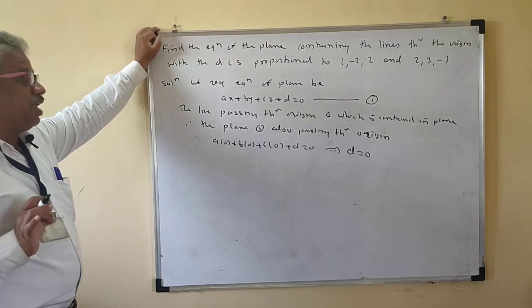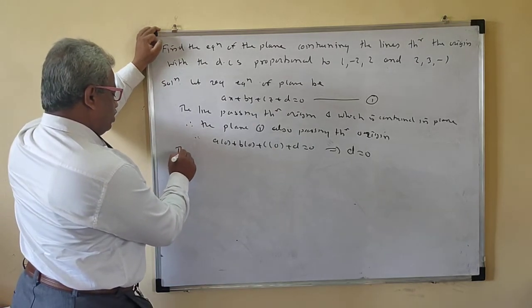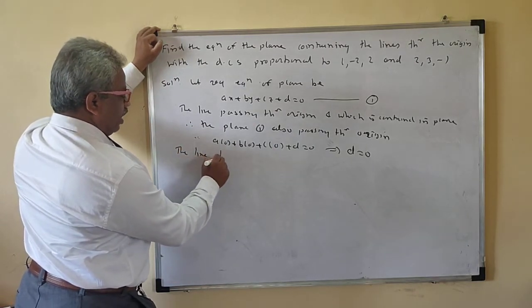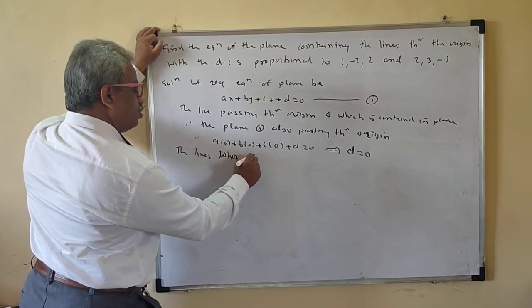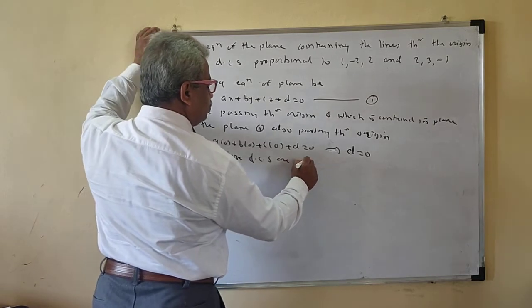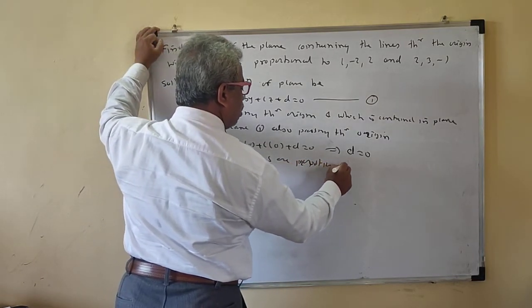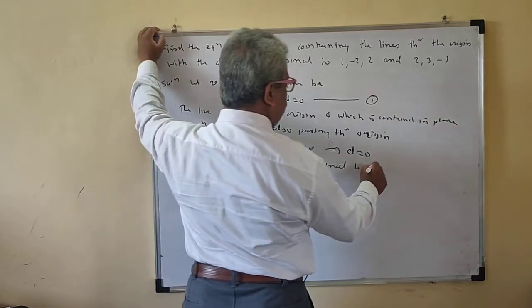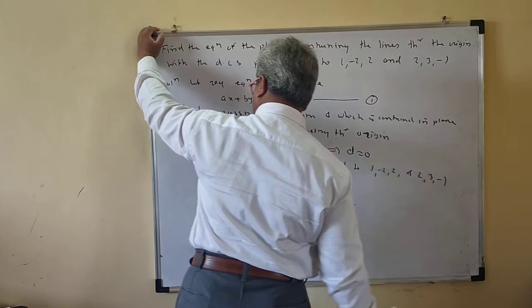To find the values of a, b, c, d. Okay. So the lines which DCs are proportional to 1, -2, 2 and 2, 3, -1.